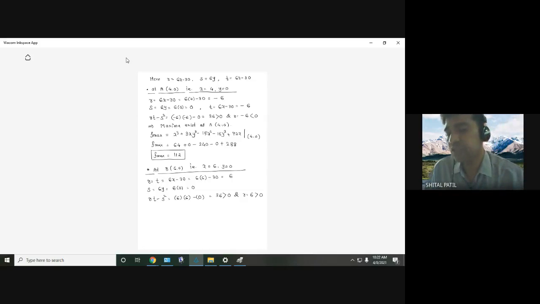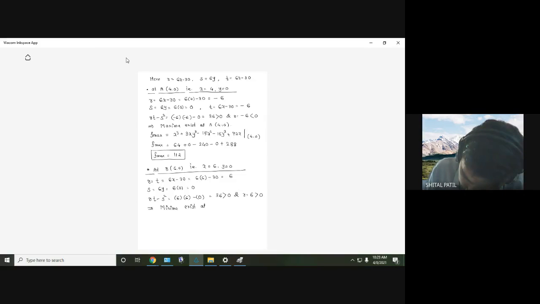Both are greater than 0. RT minus S square is greater than 0. R is greater than 0. Therefore, B it should be. Minima exist at B60. F minimum.